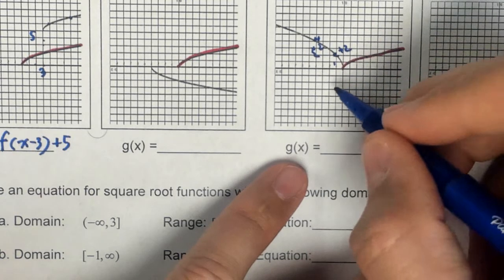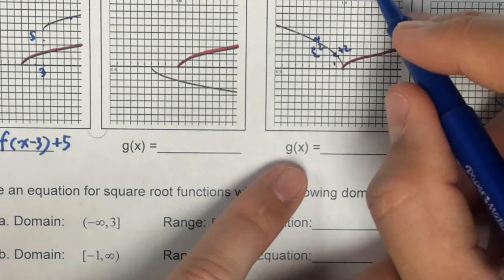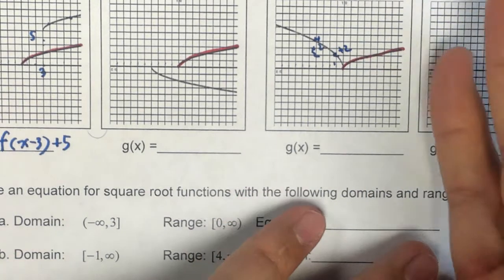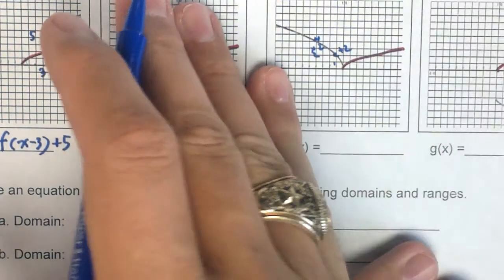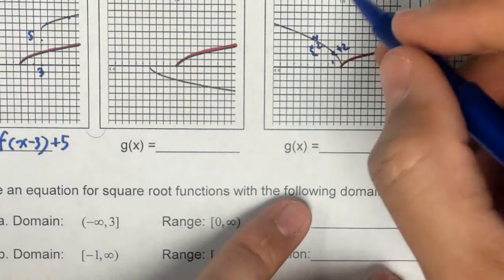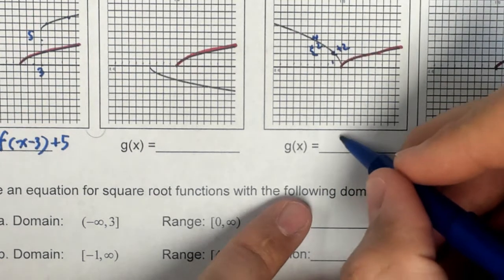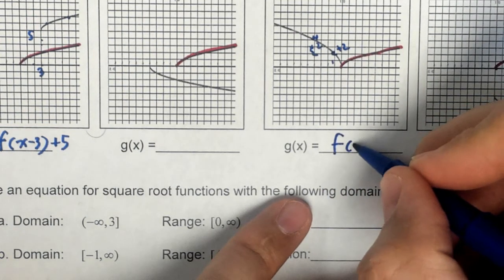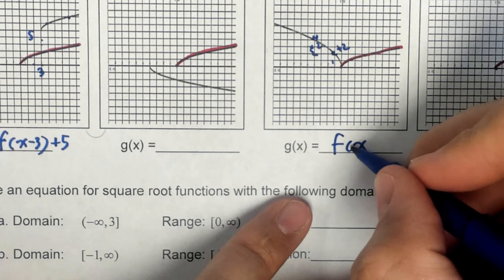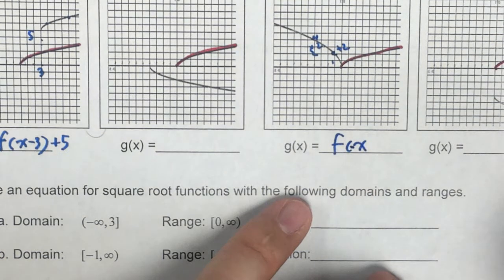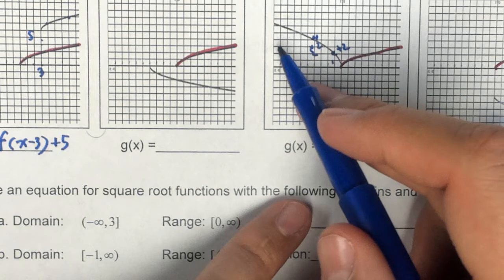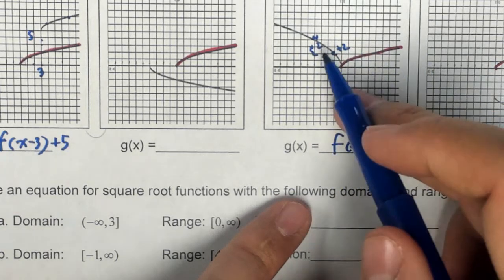So how do we make those changes? Reflection across the y. If it is a left and right change, that happens inside, and the vertical stretch happens outside. So f of x, but that x is going to have to be a negative because it reflects across. That's how it goes this way.